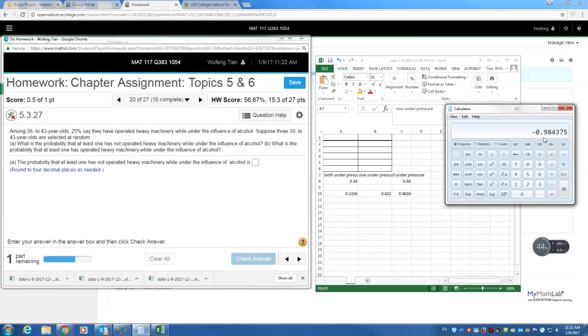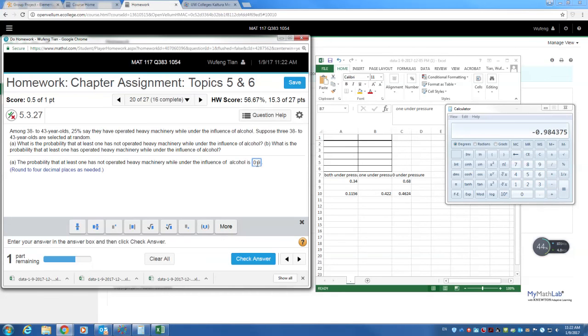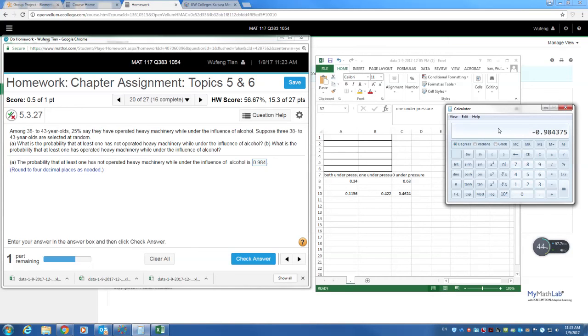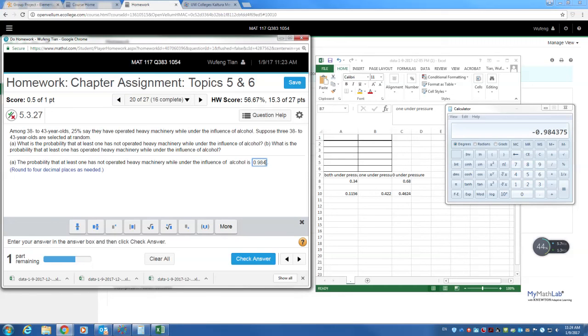So all 3 are not under the influence. I think I'm doing it right. Four decimals: 0.9844.